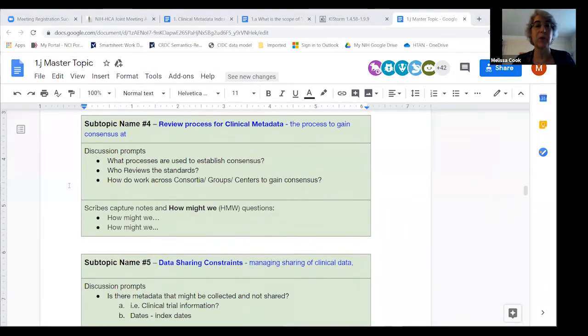So we also thought that this topic of the review process, the actual process of how we're going to come to agreement, is important to discuss. We have a lot of different consortia and working groups, and we have some people who seem to have the broader view.